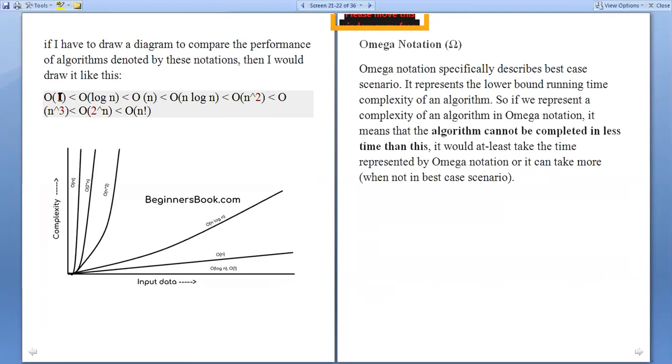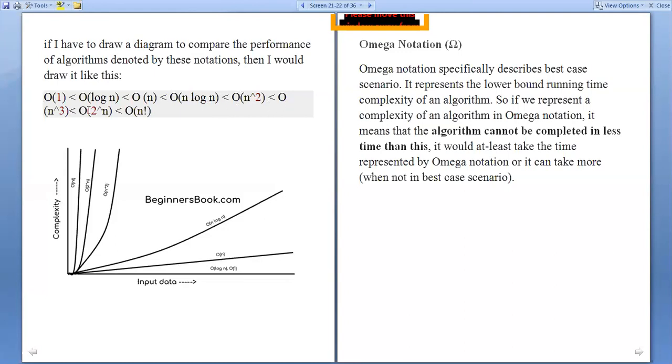Suppose O of 1 and O of log n. Compare all these values. O of 1 should be less than O of log n, logarithmic time. Logarithmic time is less than O of n, linear time. Linear time is less than O of n log n, that is logarithmic linear time. It should be less than O of n square. That is the growth rate of these functions. Just compare.